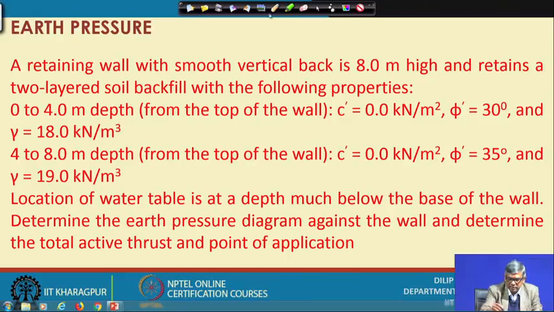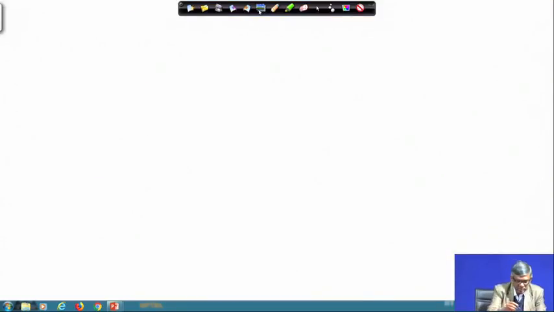So, let us take the wall first. It is an eight meter wall, and up to 4 meter the soil has phi equal to 30 degrees, C equal to 0 and gamma equal to 18. Below that, phi equal to 35 degrees, C equal to 0 and gamma equal to 19.